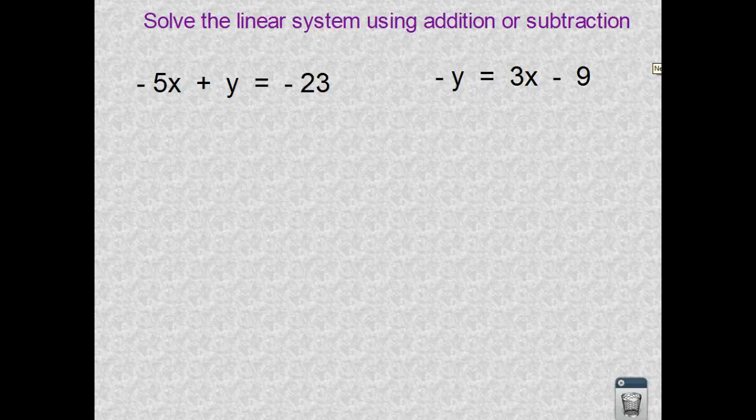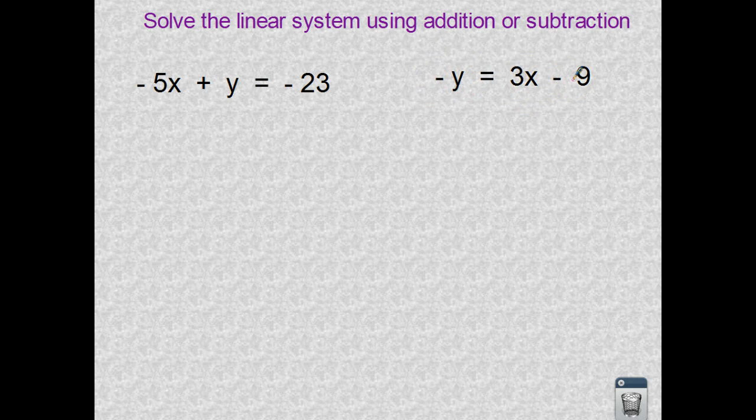And you're going to notice that the equations look a little different from the first two problems that I put up there for you. So I noticed in the first one, I've got my x and my y on the left and my constant on the right. And in the second one, I only have the y on the left and my x and constant on the right.